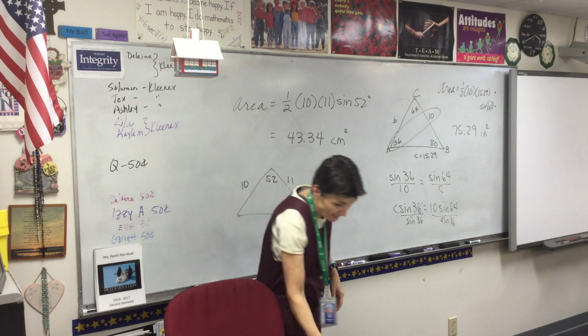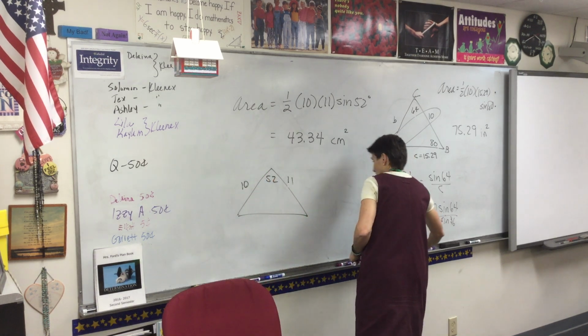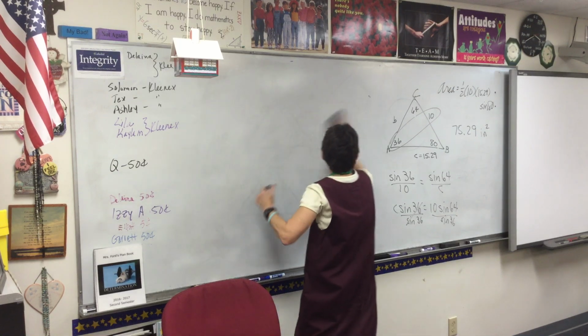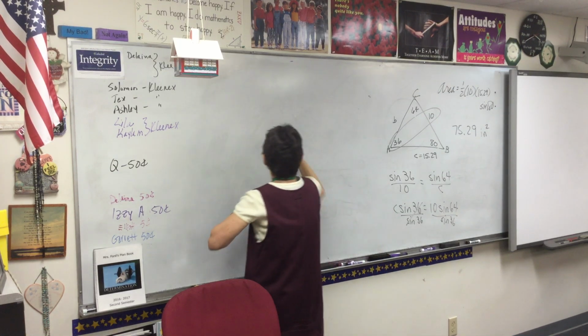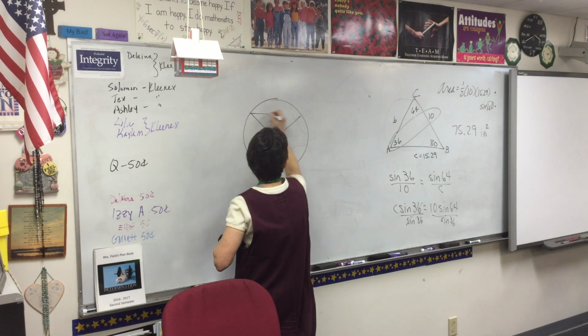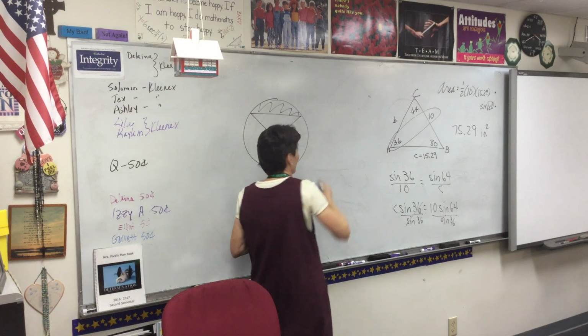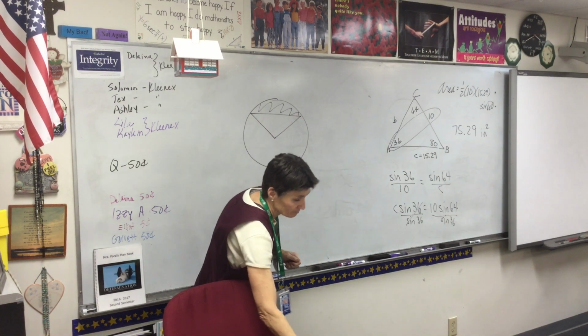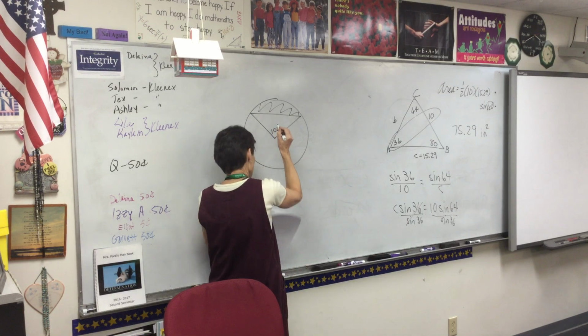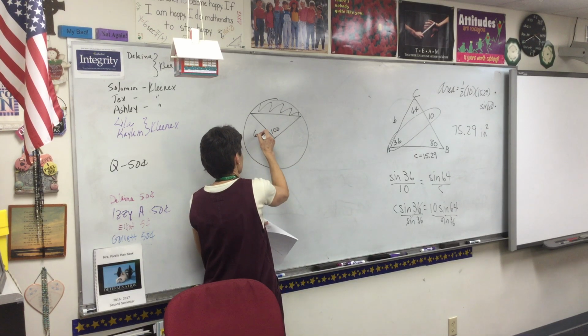All right, and then the last one, it's going to be another two-step problem, because we're finding the area of what we call the segment, that shaded part right there. This is 100 and this is 6 millimeters.